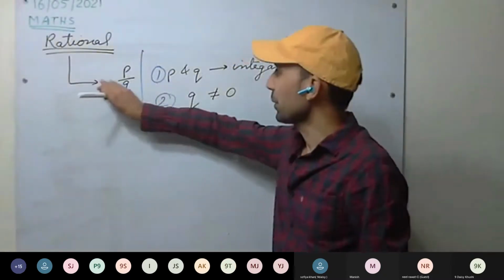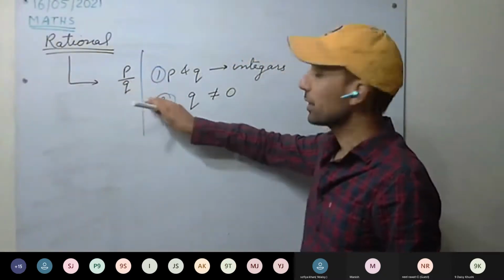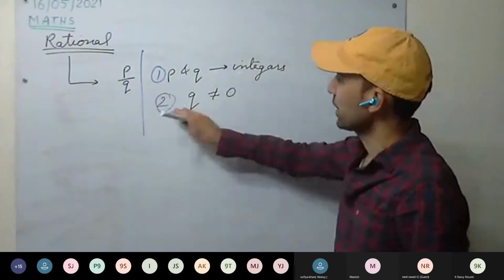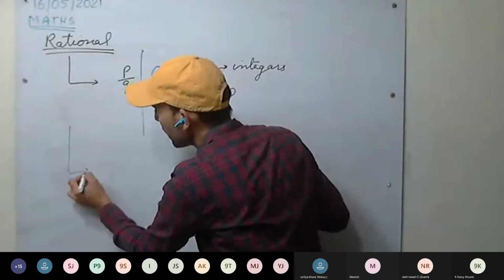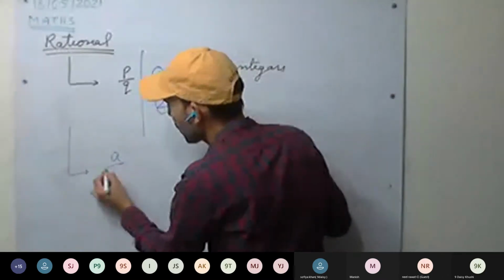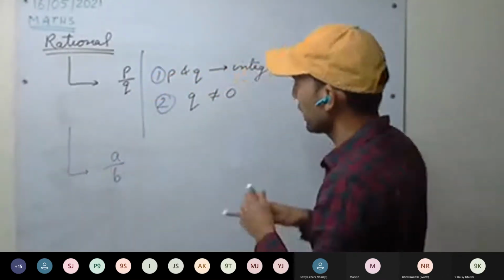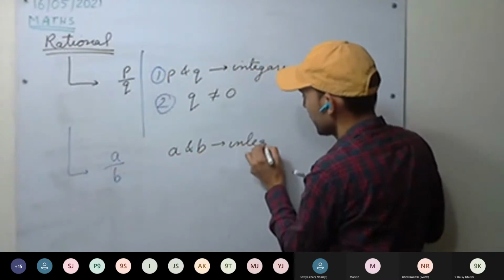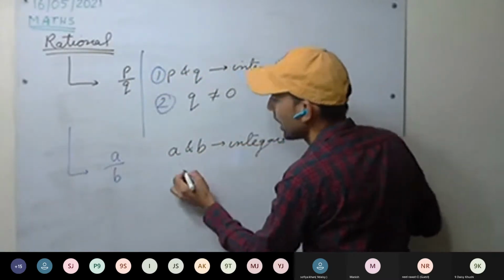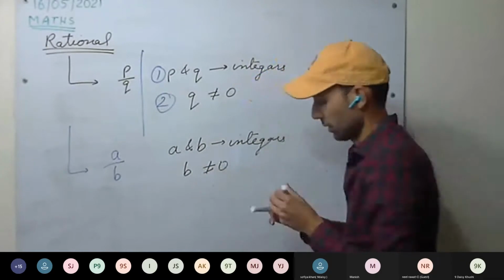So any number that can be represented in the form of P by Q, where P and Q are integers and Q not equal to 0. In your book, it is written that they can be expressed in the form of A by B, where A and B are integers and B not equal to 0.